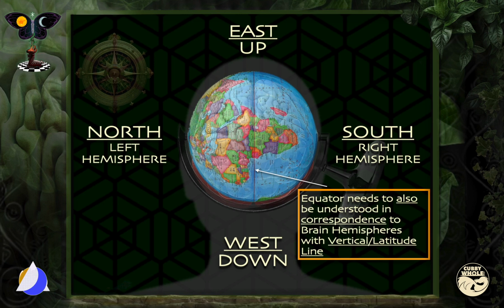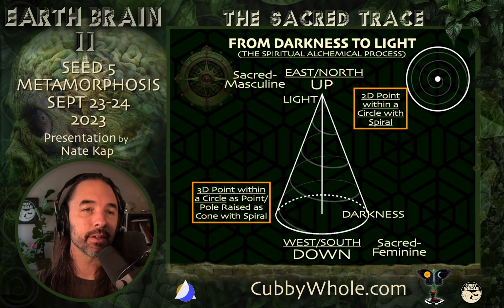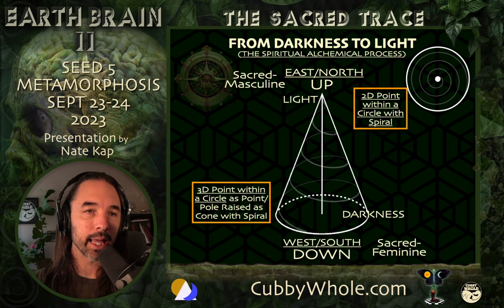But another science that will grant us access to understanding this alignment to the Earth brain is something that I covered in my last presentation, Oculus. And this is the spiritual alchemical process, which means going from darkness to light. So it's about orienting the mind.